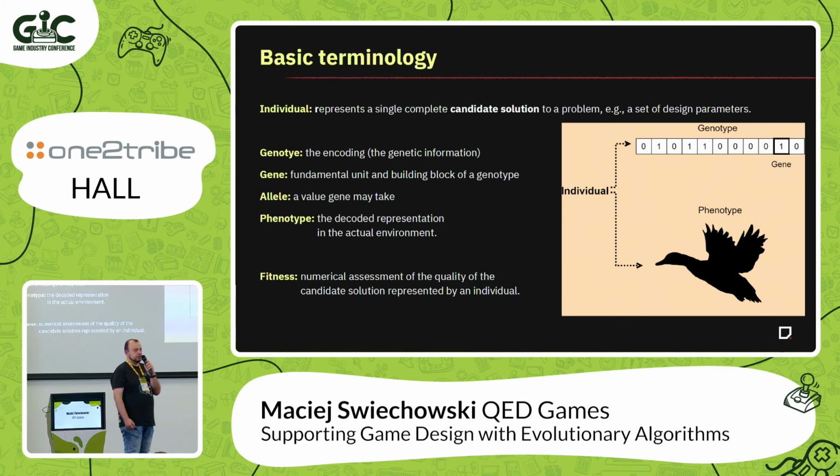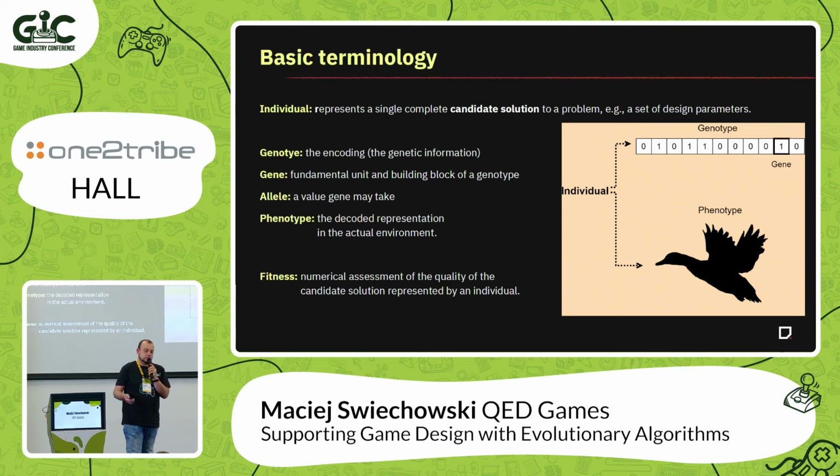Okay, so before delving into applications, some basic terminology. An individual in evolutionary algorithms is one candidate solution to the problem. Like I said before, the idea is to optimize some parameters, so this can be the set of design parameters. The genotype is the encoding. So this is the numerical, genetic representation of this individual.